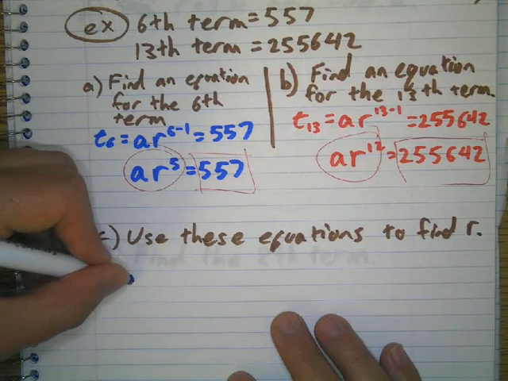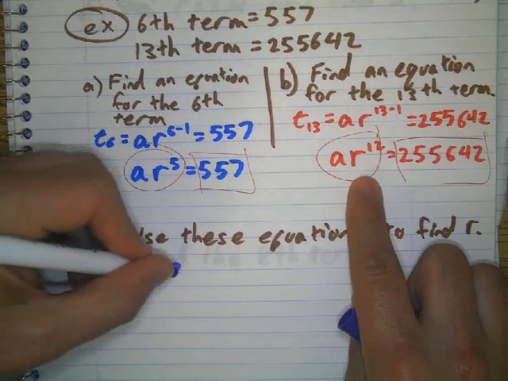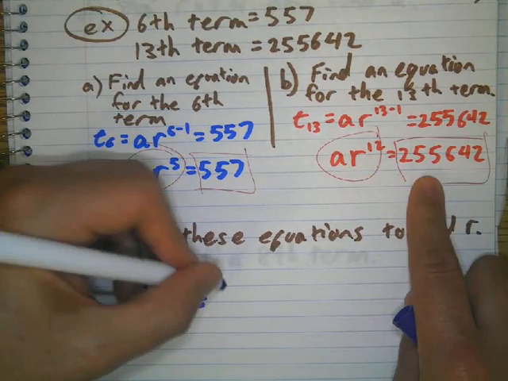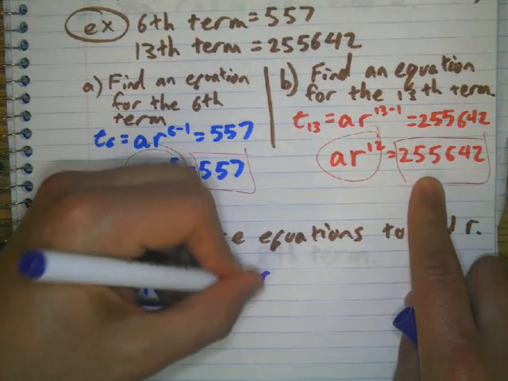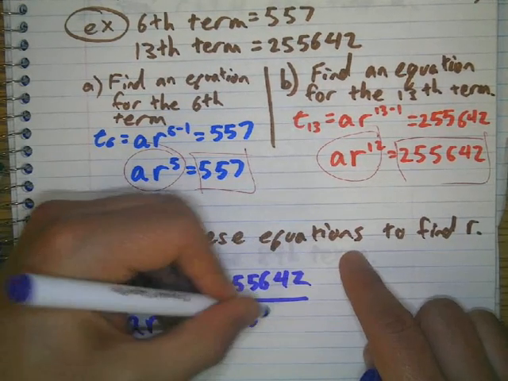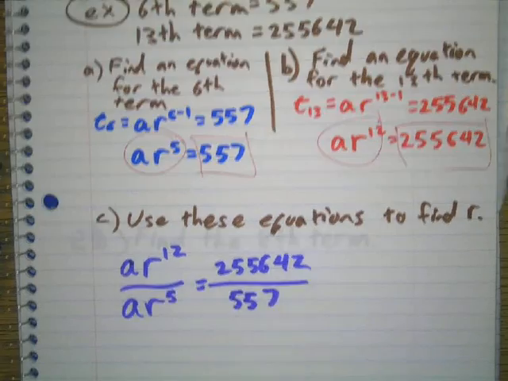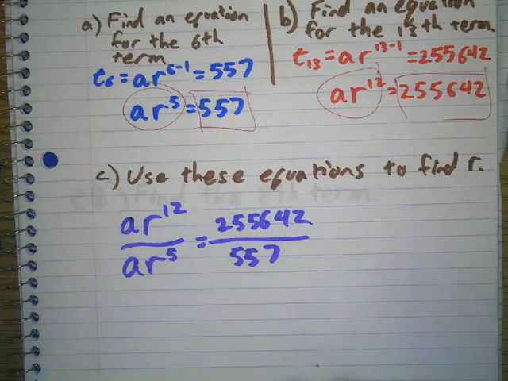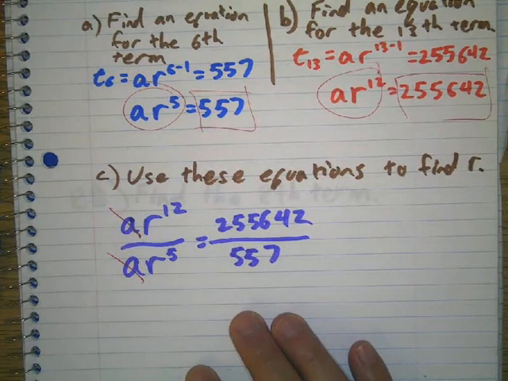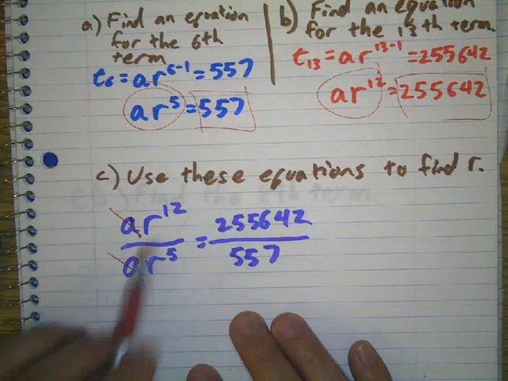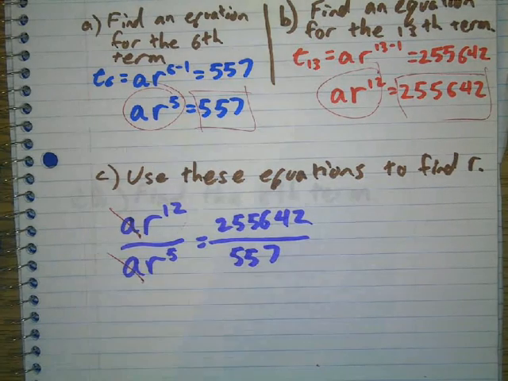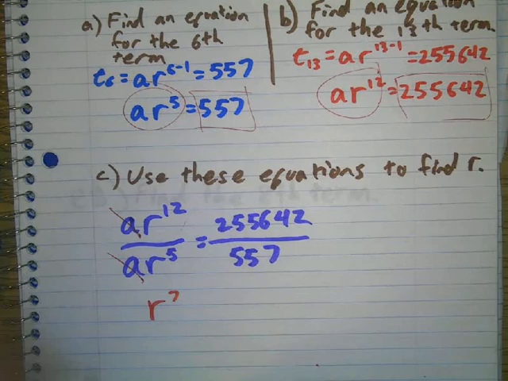So we have a r to the 12th over a r to the 5th is equal to 255,642 divided by 557. Now, what's nice about setting up these ratios like this is that a can cancel out. And r to the 12th divided by r to the 5th is going to give me r to the 7th power.